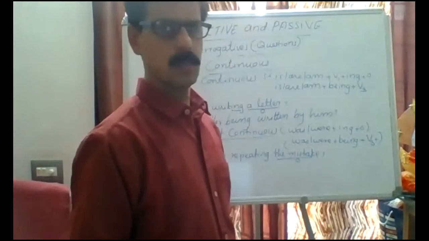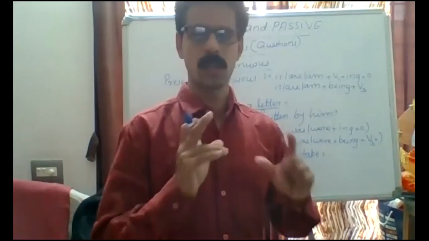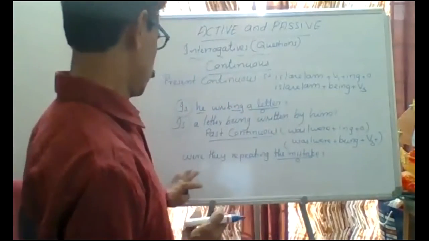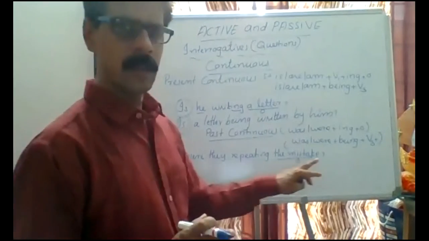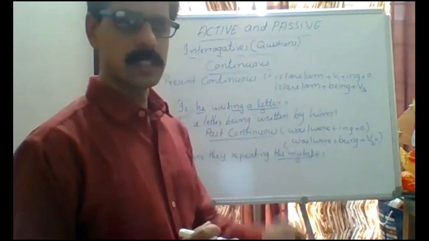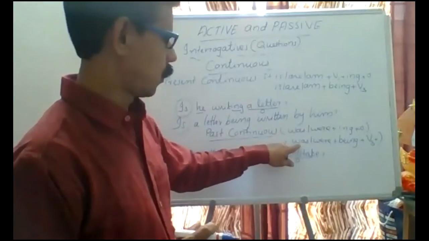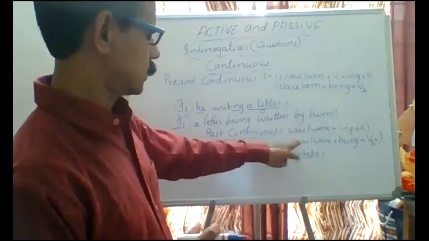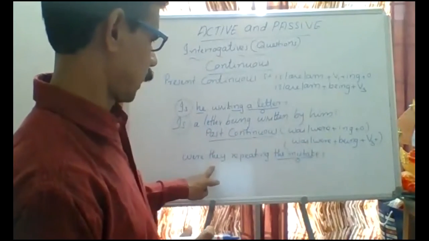The mistake we cannot count, we cannot say no mistakes, this is only mistake, so it is a singular one. If it is singular, we cannot start the sentence with were. For singular, we use was. Was and were are two helping verbs in the structure. Were is plural, they is plural.